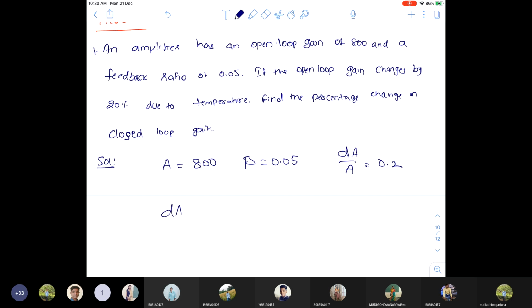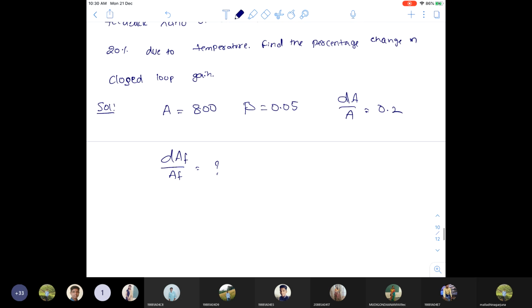Now we have to calculate the closed loop change. Find the percentage change in the closed loop gain, so dAF by AF we have to calculate. Now tell me, what is the formula for dAF by AF? dA by A into 1 by 1 plus A beta.